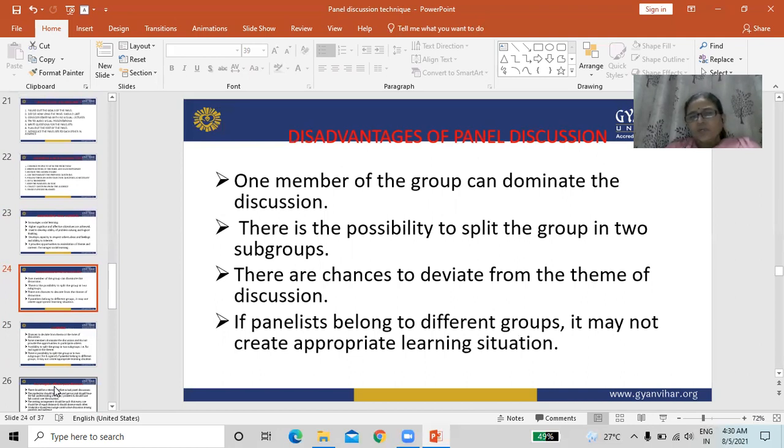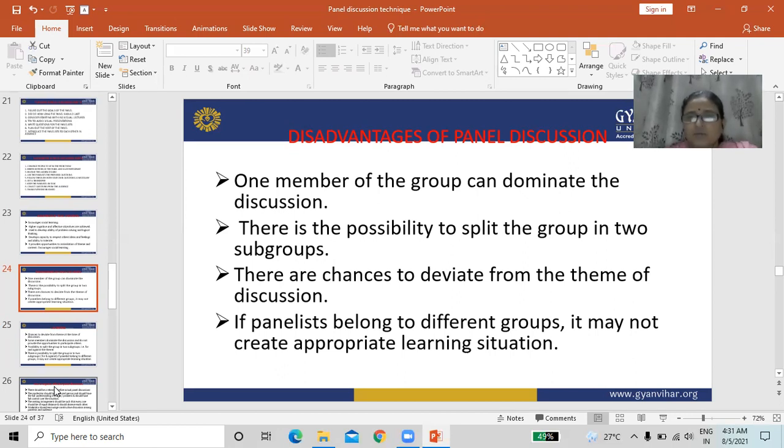There is a possibility to split the group into two groups, because when panel members are doing the discussion, there is a possibility to divide the group into subgroups. There is a chance to divert from the theme of the discussion. If the panelists belong to different groups, it may not create appropriate learning situation.